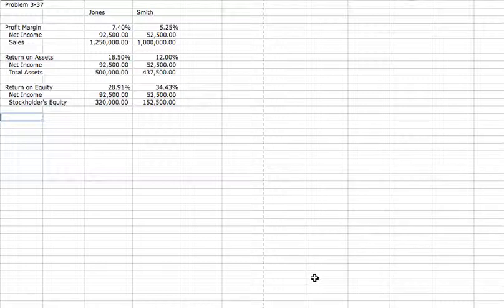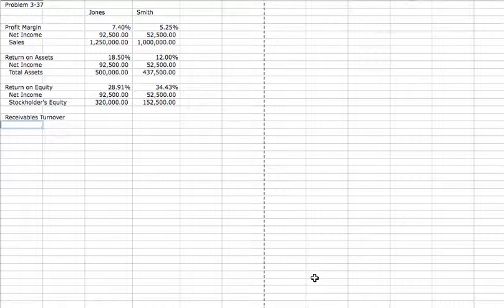So this is receivables turnover. First for both companies. And receivables turnover is sales on credit divided by accounts receivable.